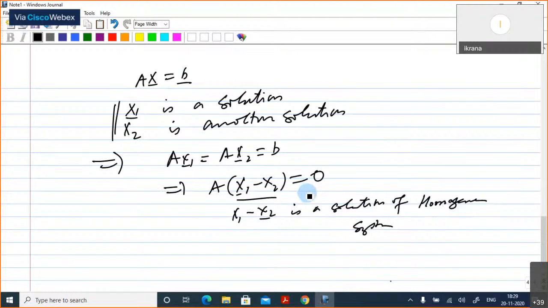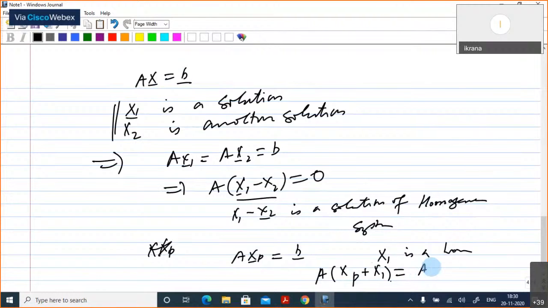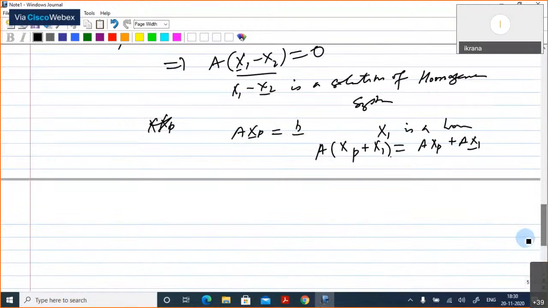If xp is a particular solution, that is Axp = b, and x1 is a solution of the homogeneous system, then A(xp + x1) is equal to A applied to xp plus A applied to x1, which implies A(xp + x1) = b + 0 = b.